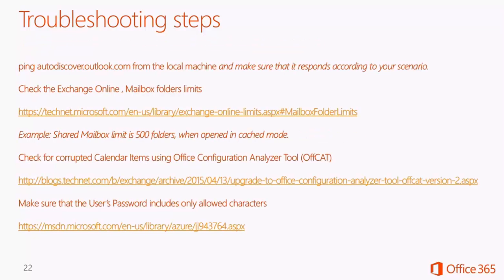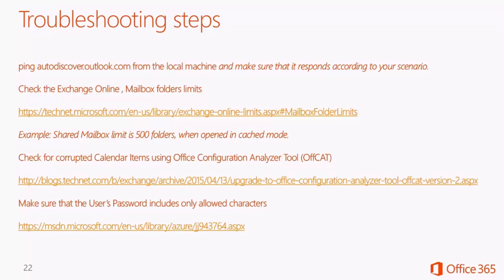Another step: ping autodiscover.domain.com from the local machine to make sure that it's responding according to the scenario. I had some issues where the Autodiscover was still pointing to their on-premises Exchange, which didn't exist anymore. In a situation where it is not an Autodiscover issue, but it behaves like this: I cannot access a shared mailbox, I cannot expand folders.